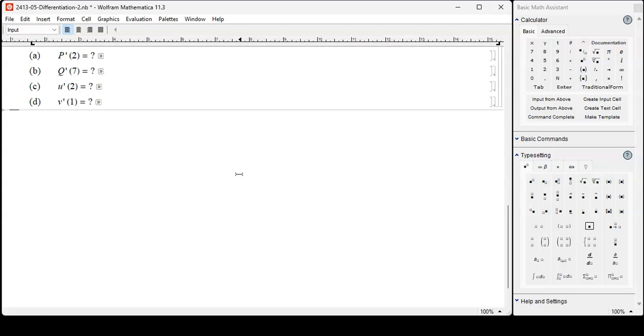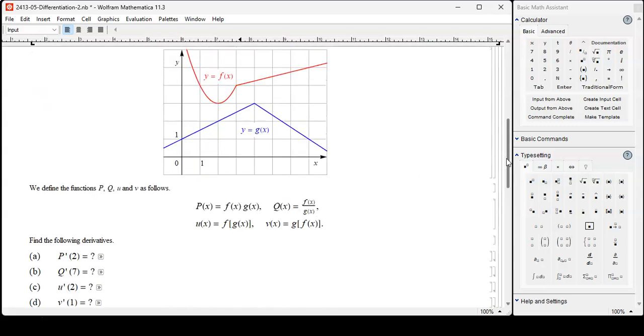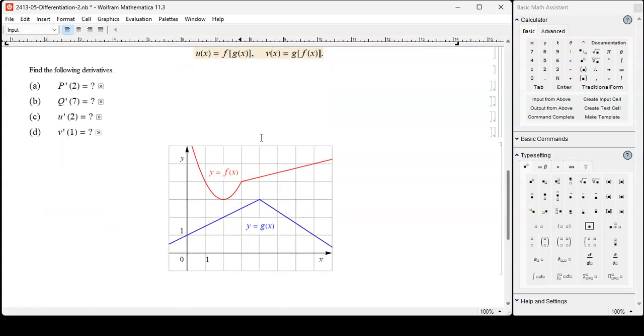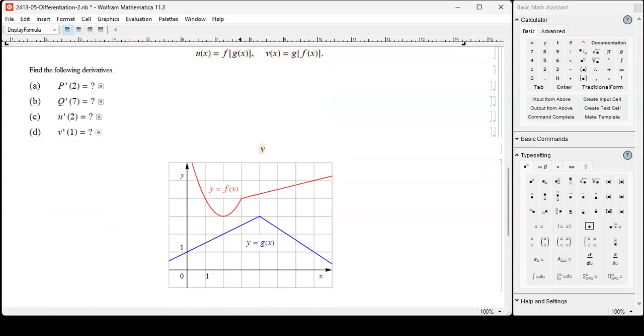Okay, final question here. v is g of f of x, so the derivative is, v prime of x, by the chain rule, the derivative of the outer function.